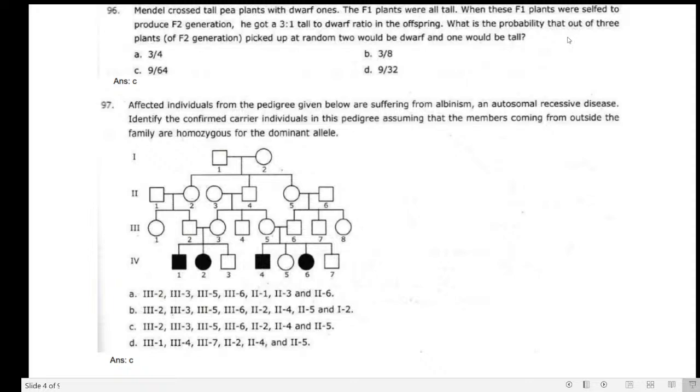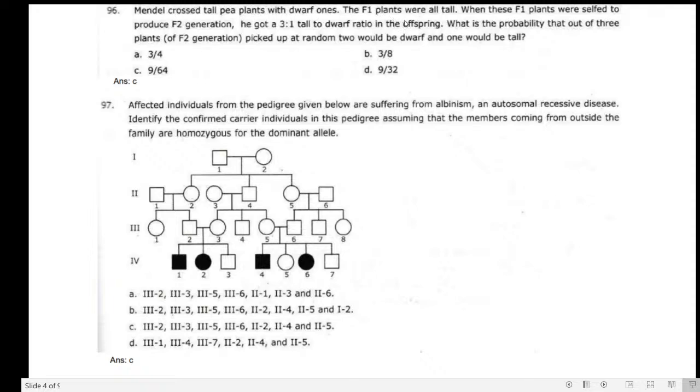What is the probability that, in the F2 generation, picking three plants at random, 2 would be dwarf and 1 would be tall? What is the output? At the first generation, Mendel crossed the two parent plants. They get F1 plants that are all tall.